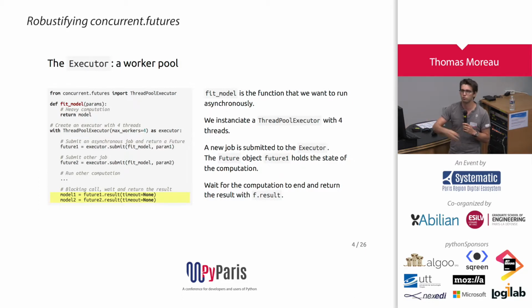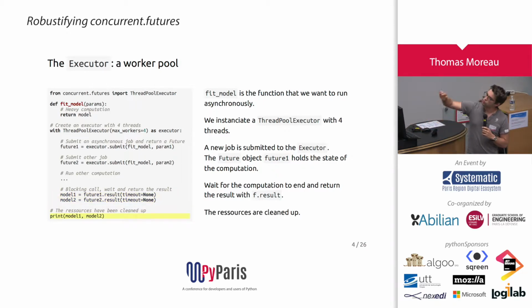You can avoid blocking your whole program. And when you get out of the with block, what is actually happening is that the executor is shut down and the resources are cleaned up, and you have a nice system with the results that run in parallel.